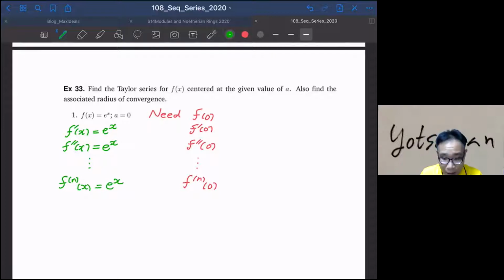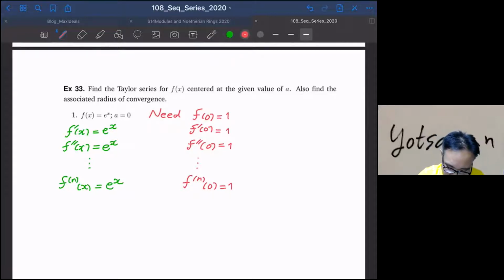So when you plug in x = 0, the thing that you would get is just 1, 1, 1, and 1. e^0 is equal to 1. So they are consistently the same number.